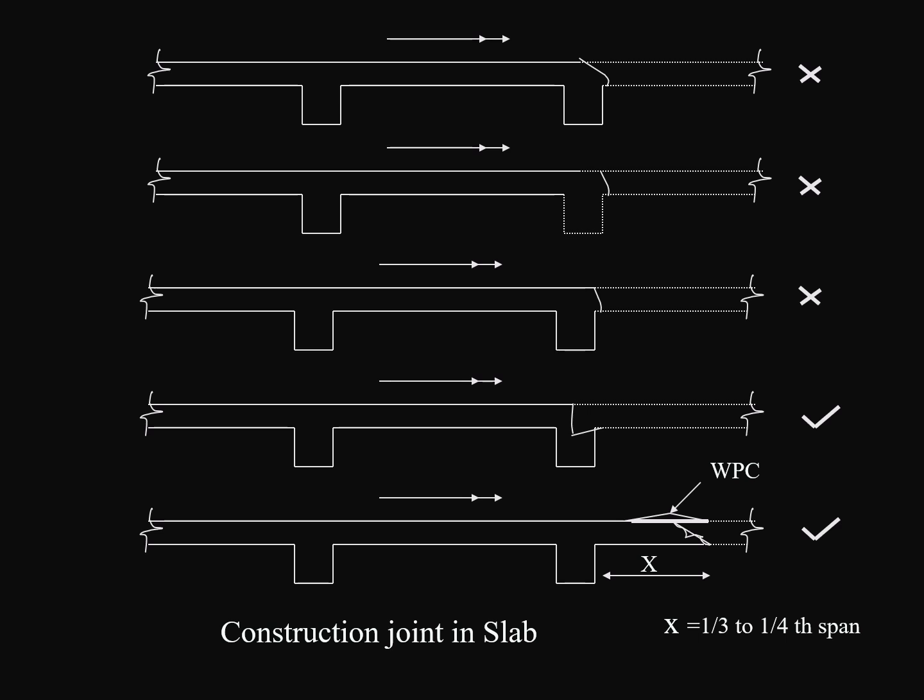It should be left either on the column with the stepped, or to a distance of x, which is x equal to 1/3 to 1/4 of the span. Up to there you have to extend the concrete and then leave the concrete to extend for the next day. The last two sections shown below, they are correct, whereas the above are not correct.